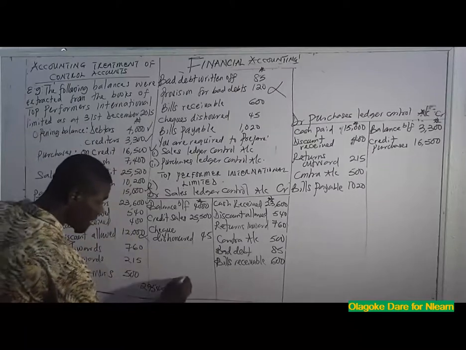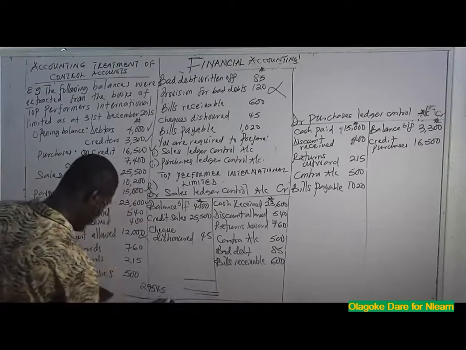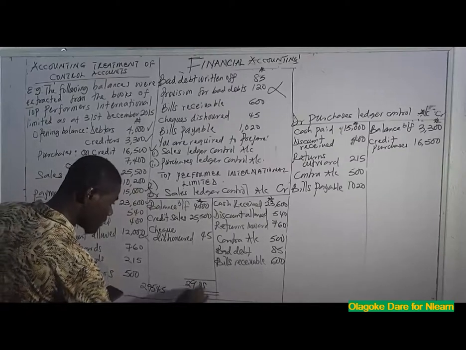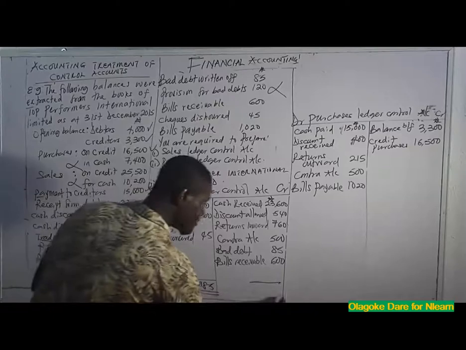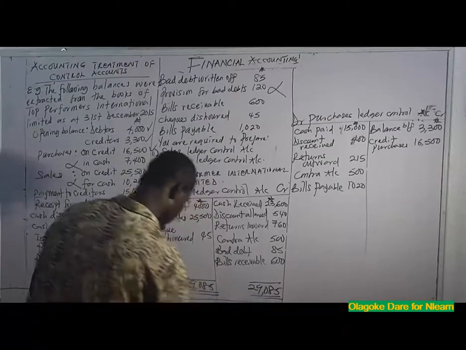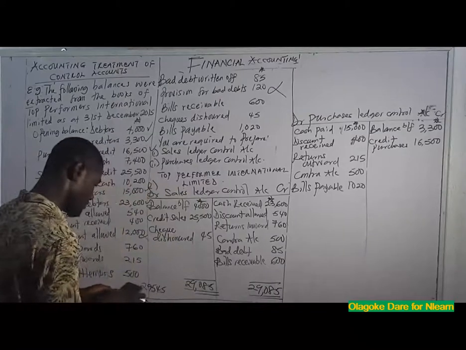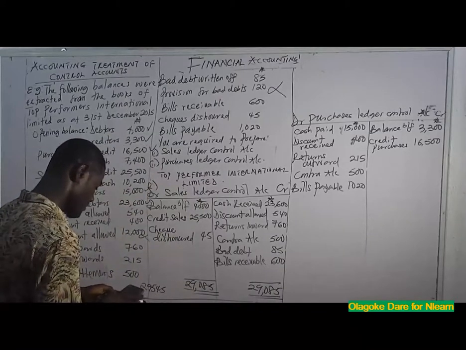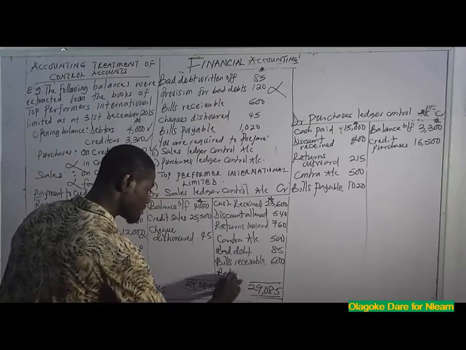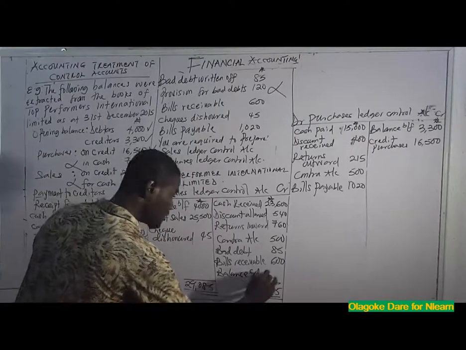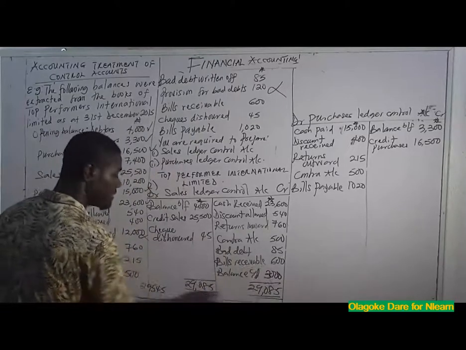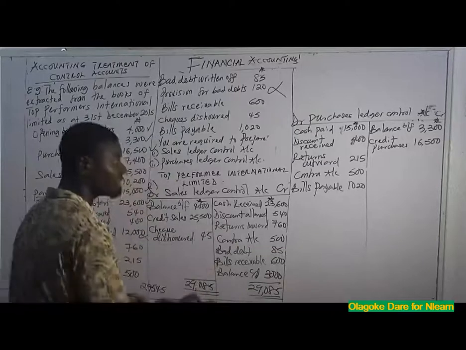So what we have here is 29,085. Let's remove this lower value. So what we have here is balance carried down is 3,000. So if you add this 3,000 to this, you have this value. So this one is balanced.